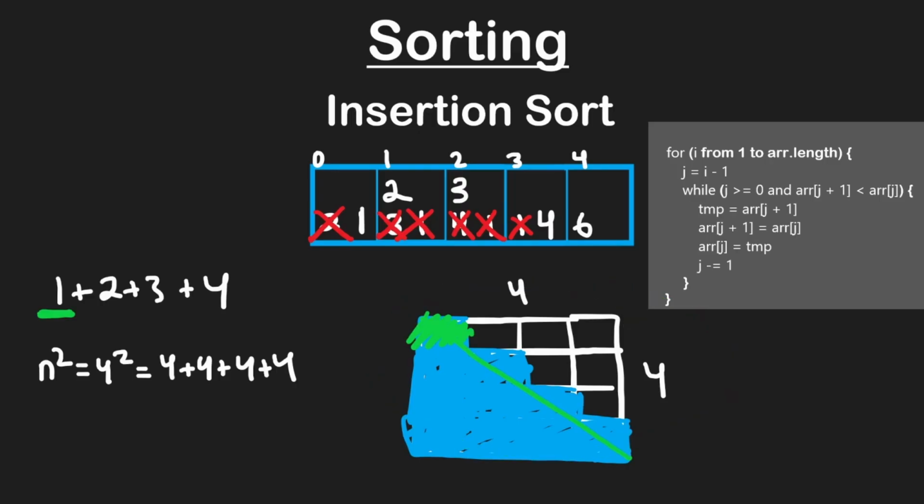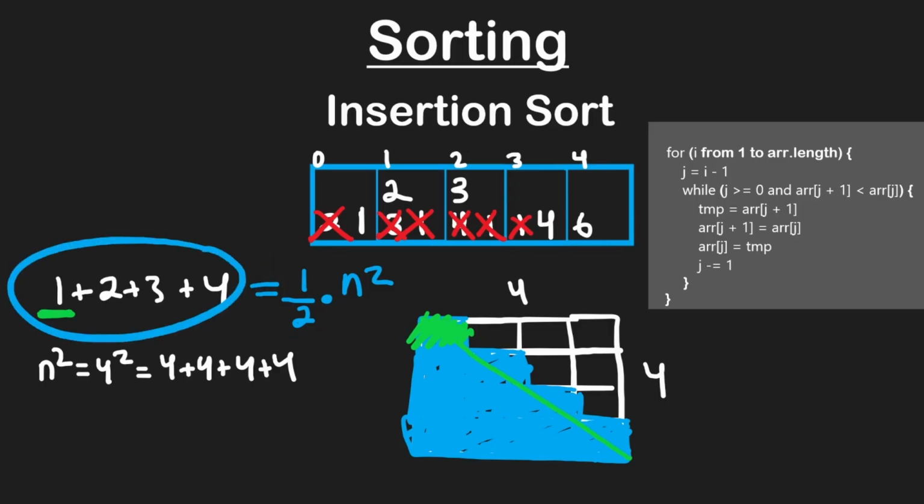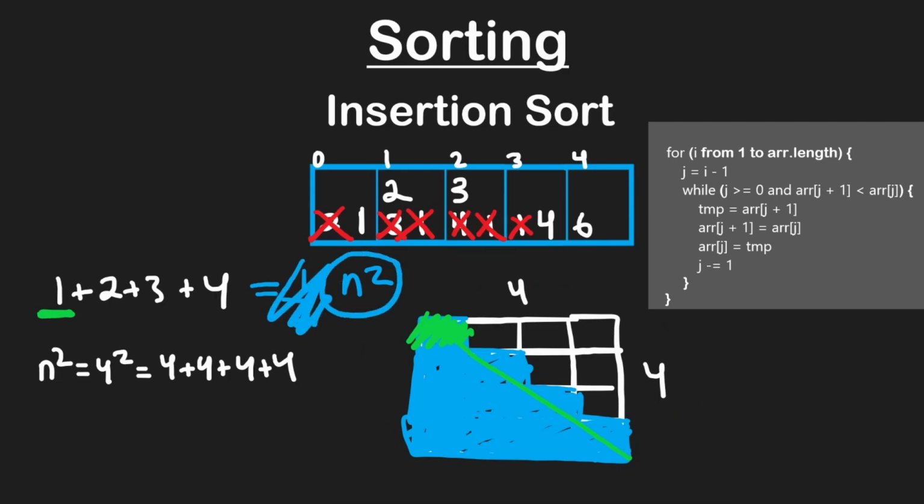So if this is half the size of n squared, we can write it as n squared divided by 2, or in other words, 1/2 times n squared. And this is just a constant, remember, and we don't care about constants. So we can say this, or in other words, iterating through an array like this would be the same as big O of n squared time complexity. That's the worst case time complexity of insertion sort.